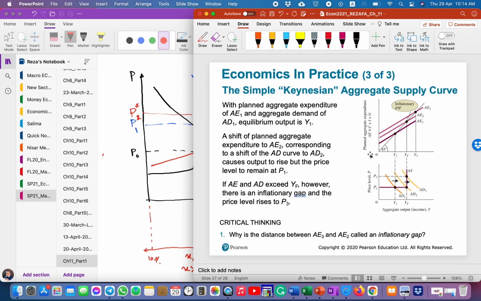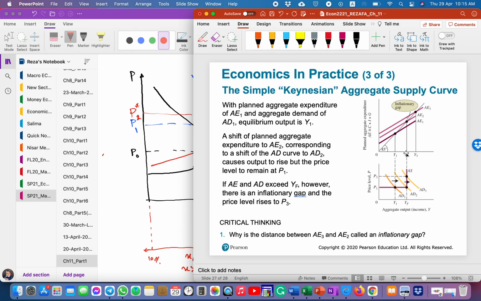So in the goods and services market, we might go above the full employment or below the full employment, but when you bring the price and output according to the Keynesian model, we have a very flat and suddenly vertical output.